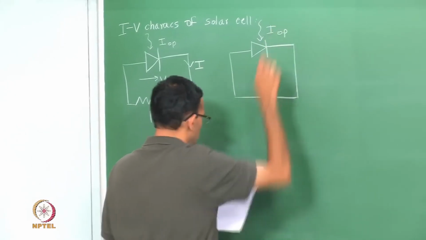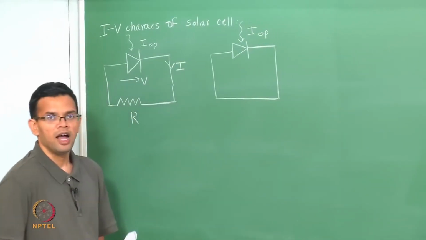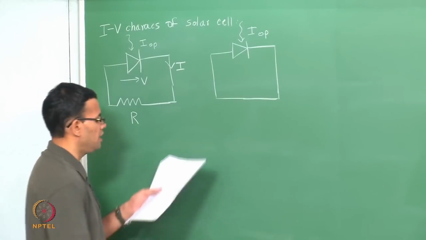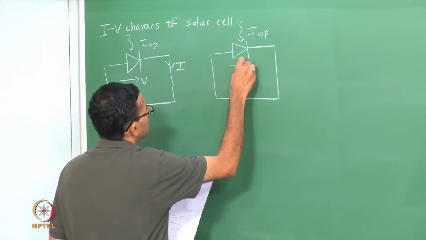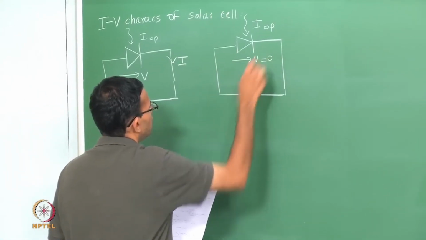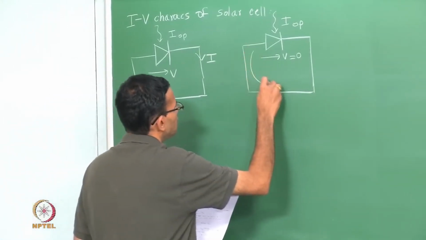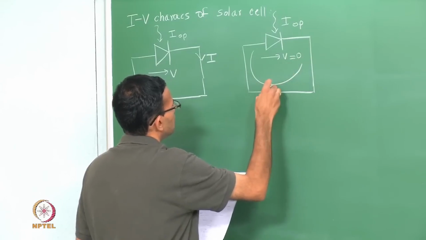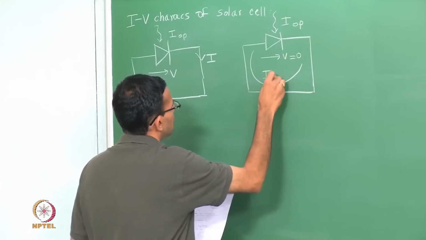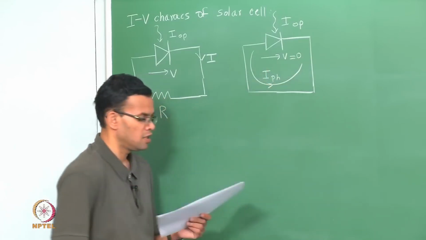we saw that when you shine light, you have a photocurrent that is generated within. In this case, the voltage or the voltage difference is 0 because you have a photocurrent IPH.